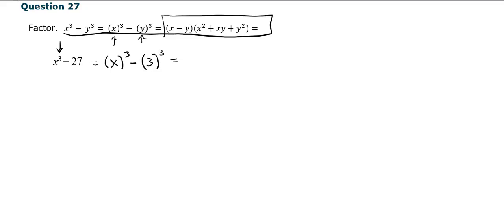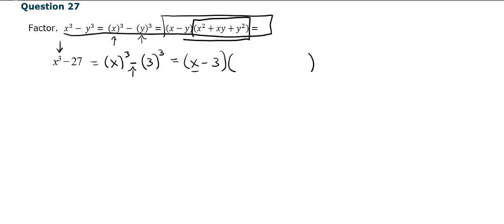So our first factor is what we have in parentheses, the x minus 3. We're going to use those to find our trinomial, the last part. So we take our first term, which is x, and multiply it times itself.